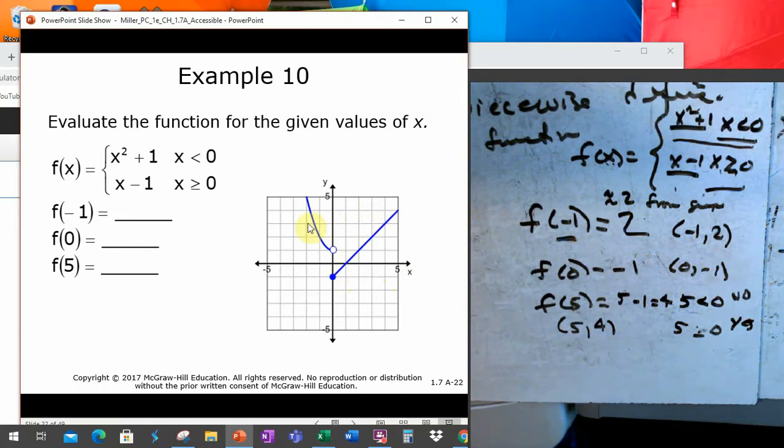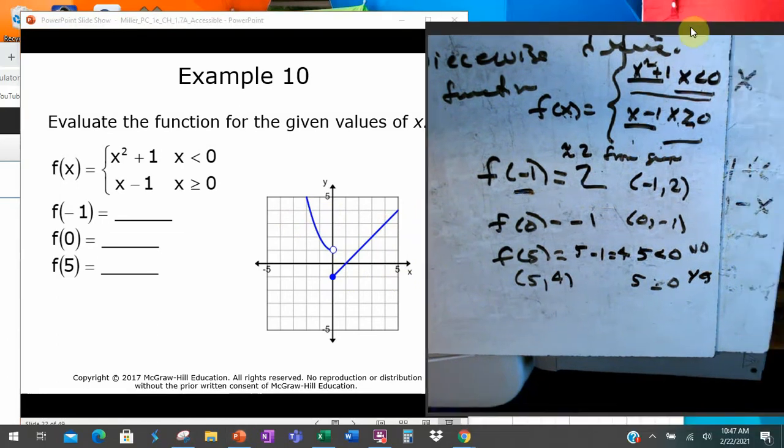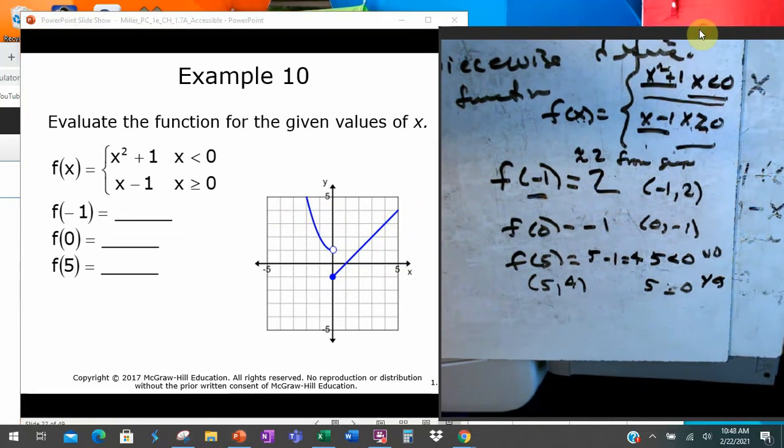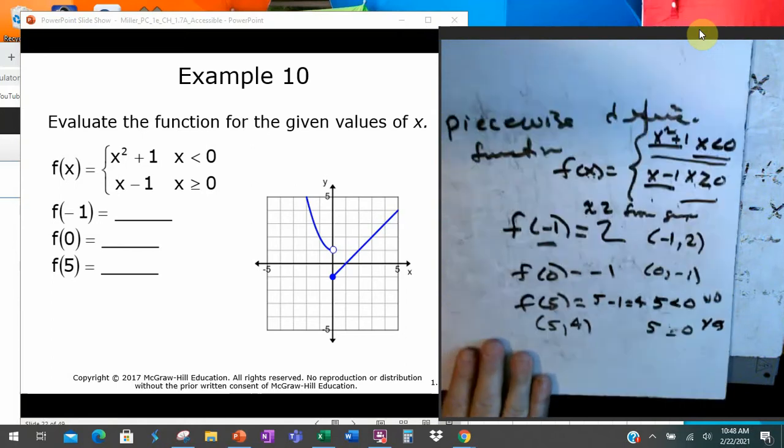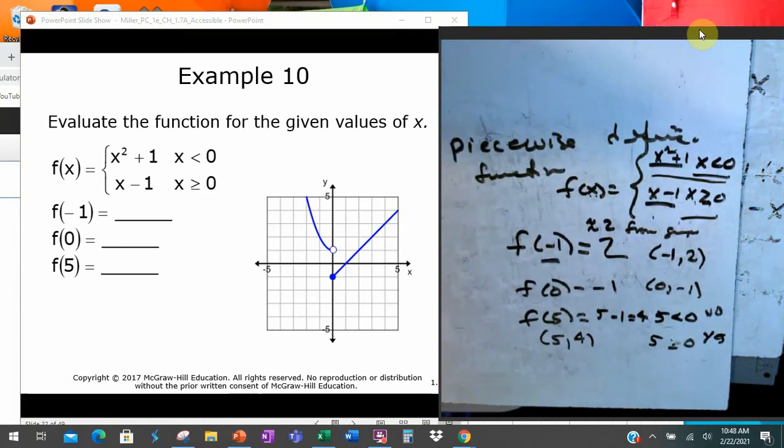Okay, and this continues on this way, this continues on that way. There's no end points. And that's why I said the full domain is negative infinity to infinity. Okay, so let me stop it at this point.